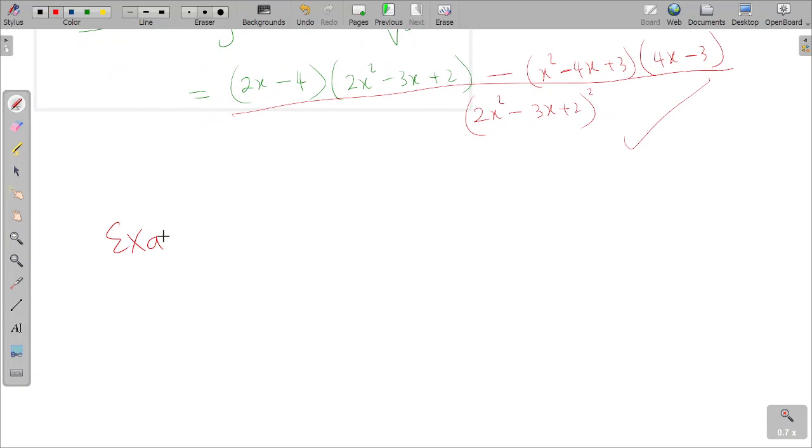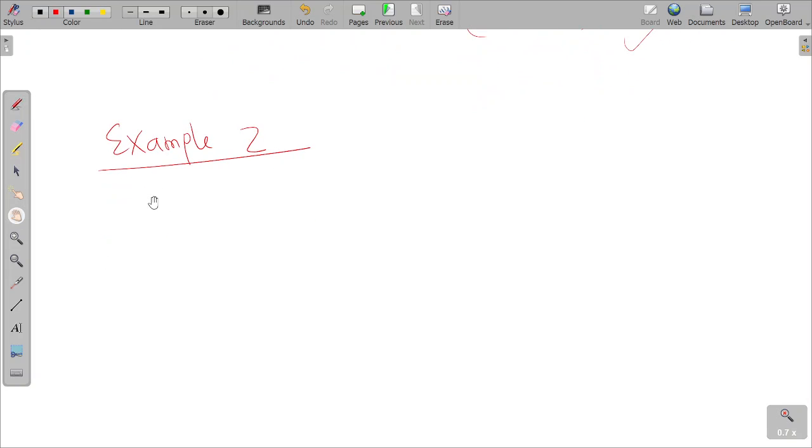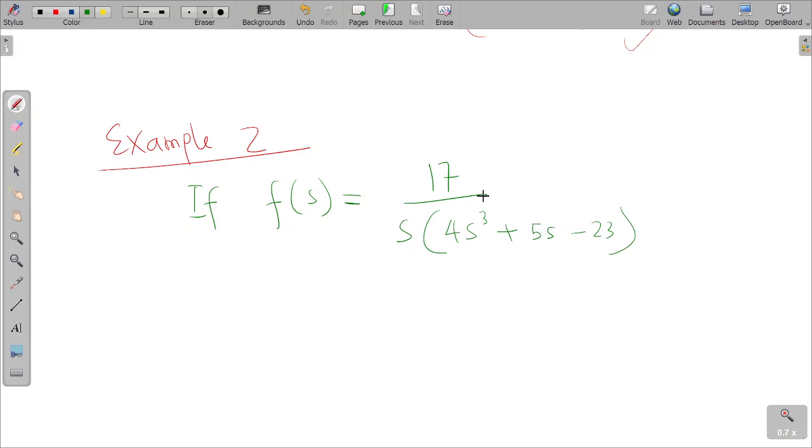Okay, let's go to example 2. In example 2, we are given f of s as this one, and we are asked to find the derivative of f of s.